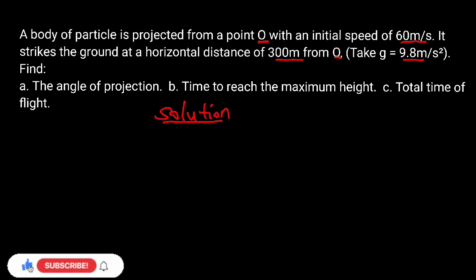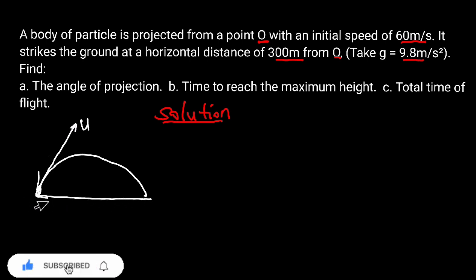Let's represent this question with a diagram. It's going to be just a rough sketch. So this is the projection, and this is the velocity of projection, the initial velocity u. This is the range from this point O to this point.